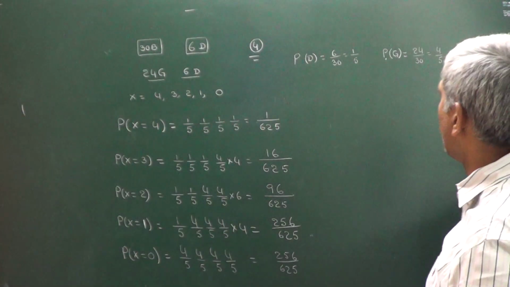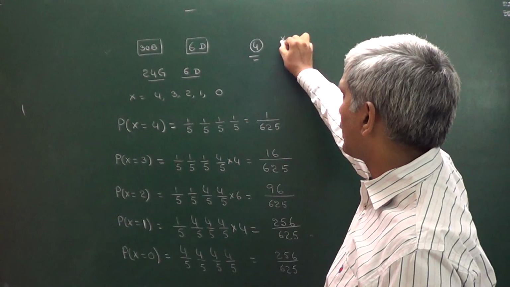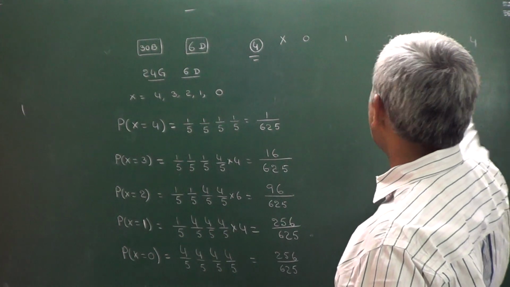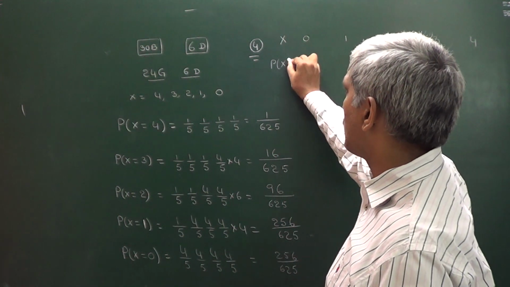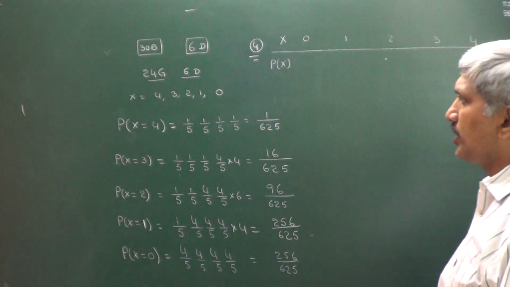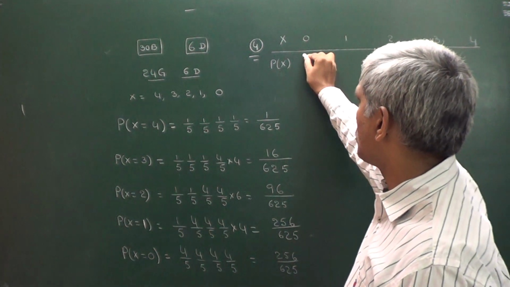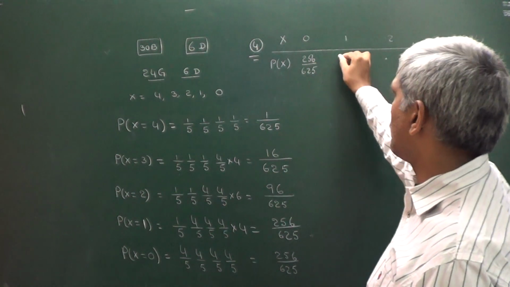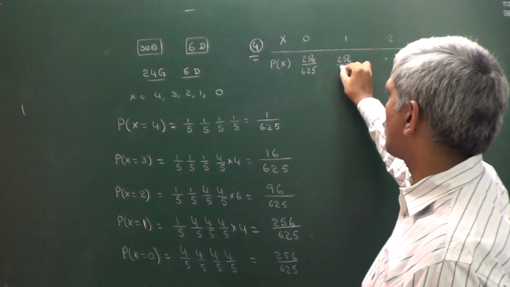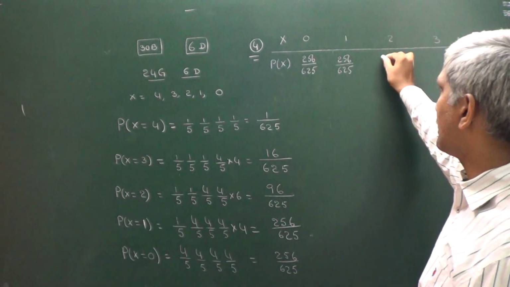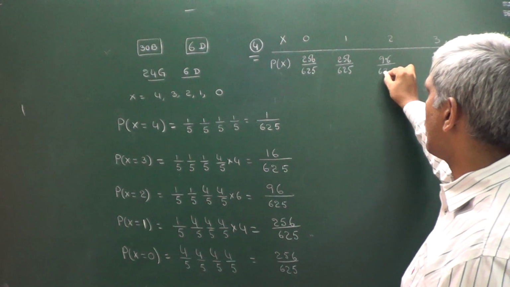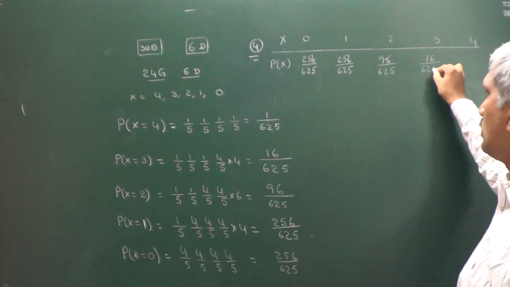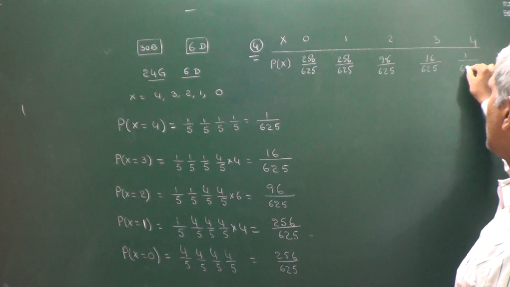Therefore, the required probability distribution is given by X taking the values 0, 1, 2, 3, 4 and their respective probabilities P of X. For case 0 we got 256 divided by 625, for case 1 we got 256 divided by 625, for case 2 we got 96 divided by 625, for case 3 we got 16 divided by 625, and the last case we got 1 by 625.